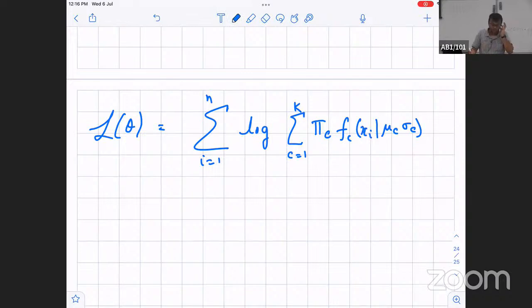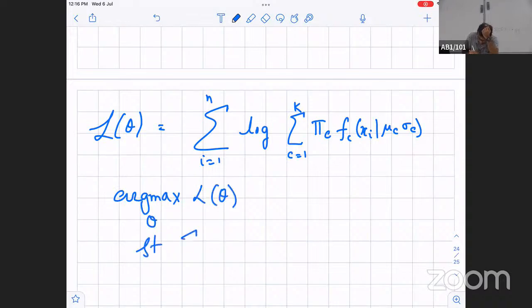And I told you that any theta won't do. I need to do argmax over theta of L of theta such that the summation of pi k should be equal to 1, right? So this is what we need to do.